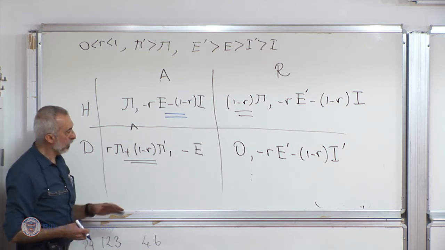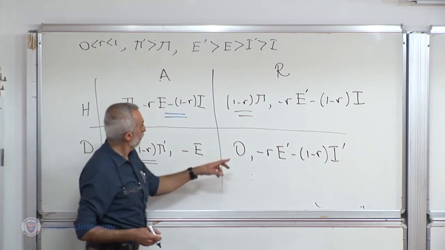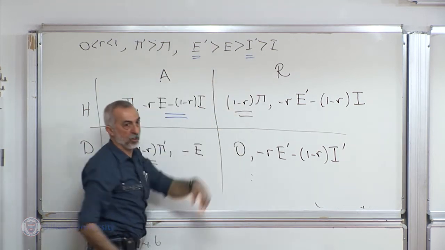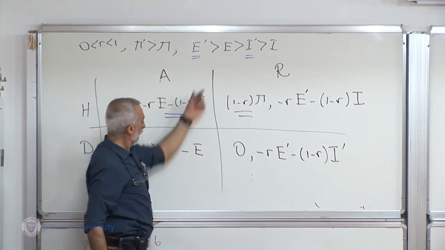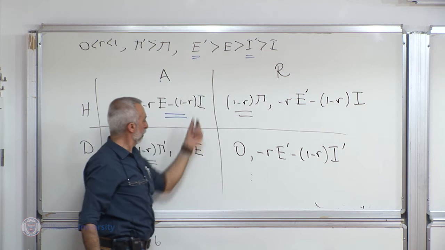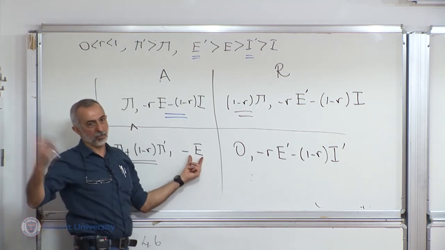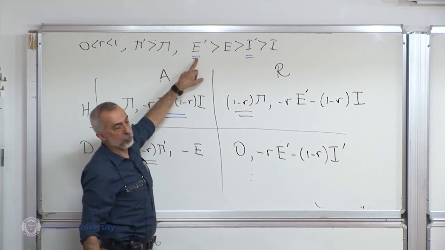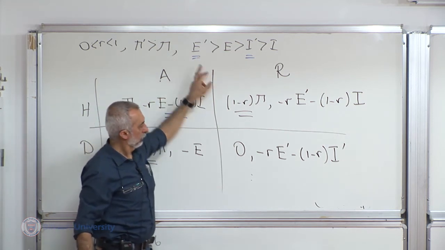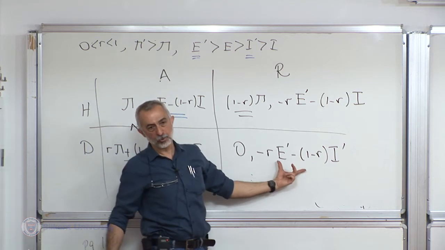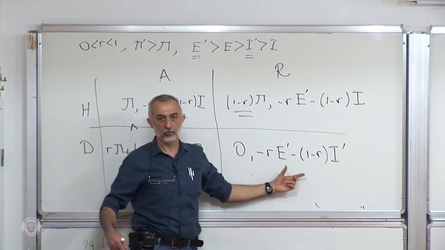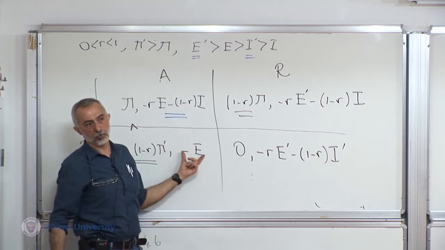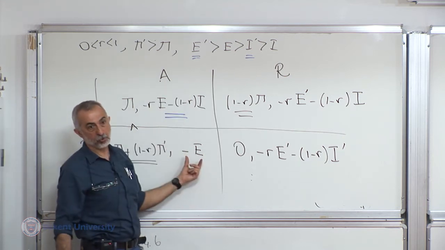Okay. So here it's more problematic. We're taking a convex combination of E prime and I prime, and comparing that convex combination with E, well, with the negatives. If the weight on E prime is higher, in absolute value this number would be bigger, so A would be a best response.